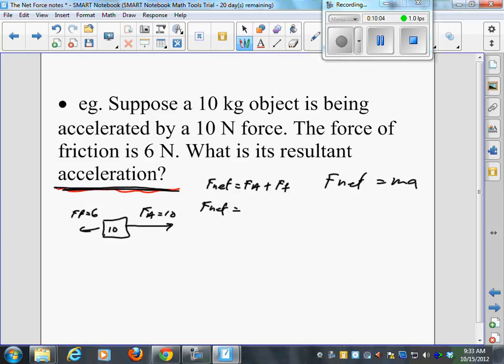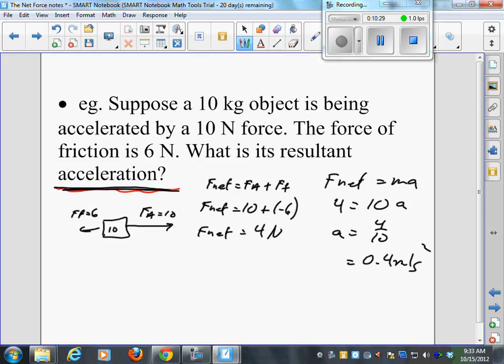The friction force is minus 6, giving us a net force of 4. And then I take that net force and substitute it in here: 4 equals, my mass is 10, times a. So a equals 4 over 10, or as Troy pointed out, 0.4 meters per second squared. I'm thinking everyone's okay with that.